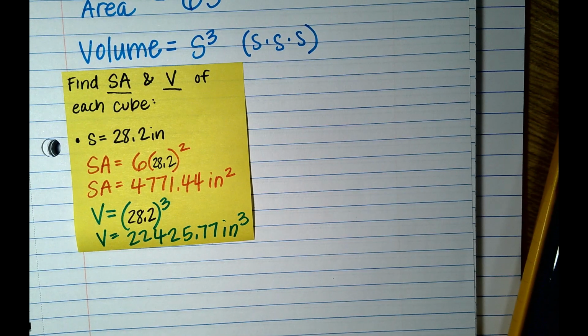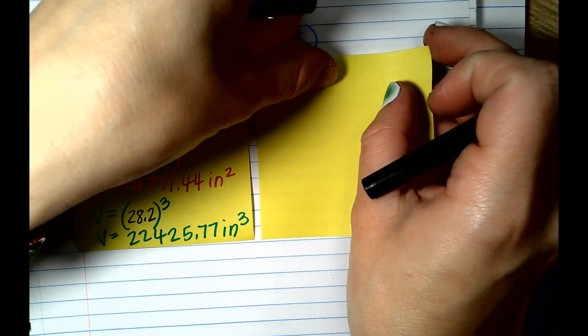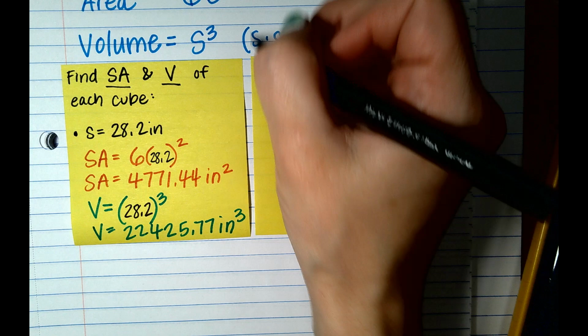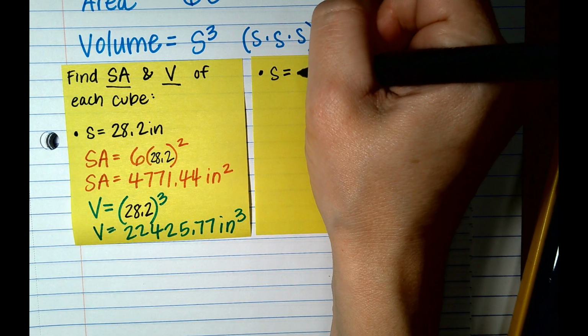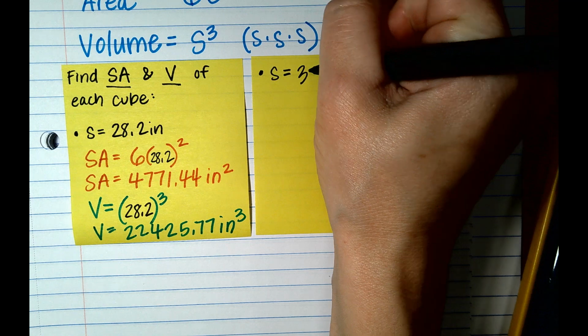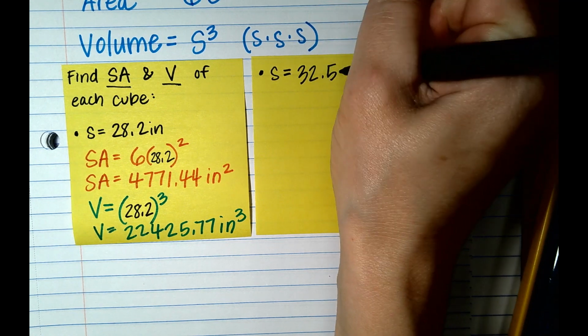What if I gave you a cube with a different side length? What if it had a side length of 32.5 inches?